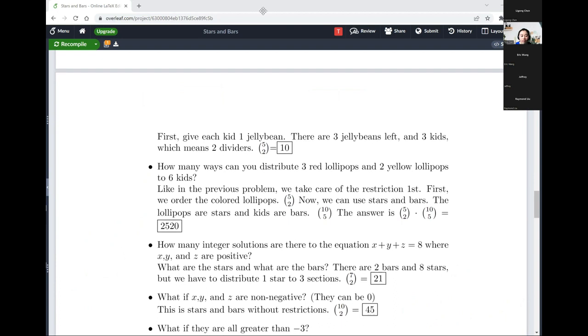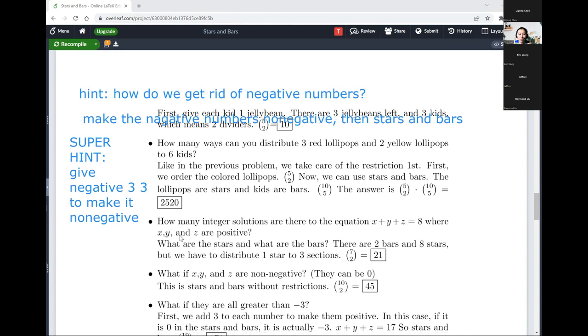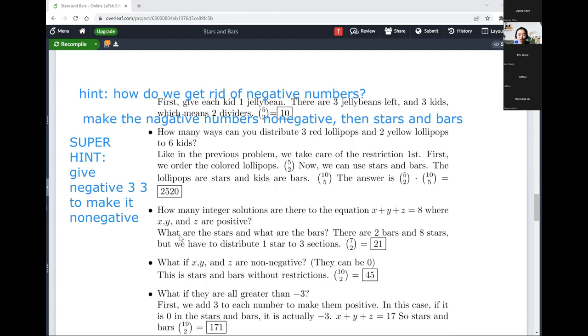What if x, y, and z are all greater than -3? How does this affect the problem? Okay, this problem seems kind of intimidating with the -3, but like the earlier problems, we just have to figure out how to deal with it. We know how to do stars and bars with non-negative numbers because we don't know how to put -3 things behind the divider. So first, we add 3 to each x, y, and z.